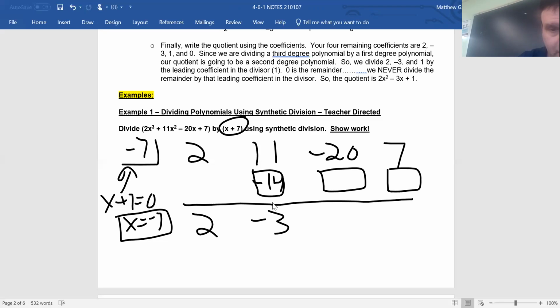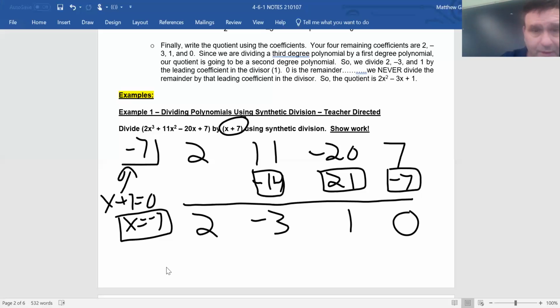We take what's down here, multiply it by negative 7. That gives us 21. 21 minus 20 is positive 1. And then we take 1 times negative 7 is negative 7. And then we have 0. Okay?